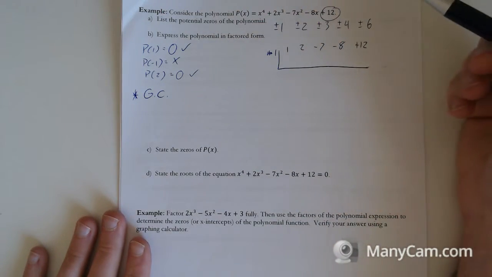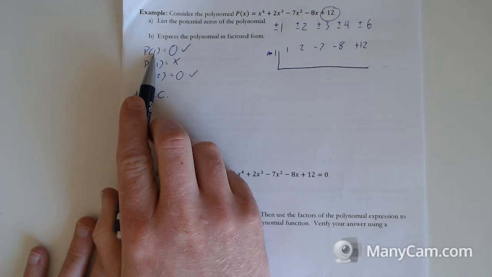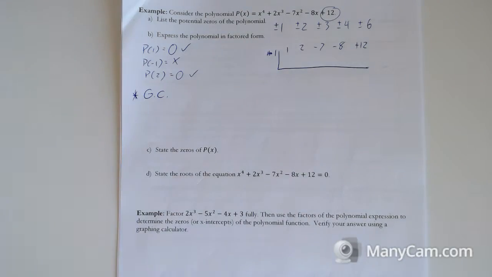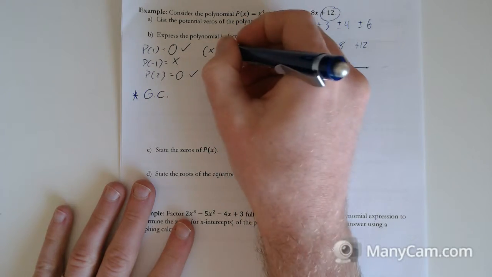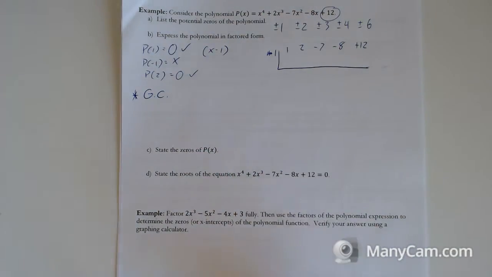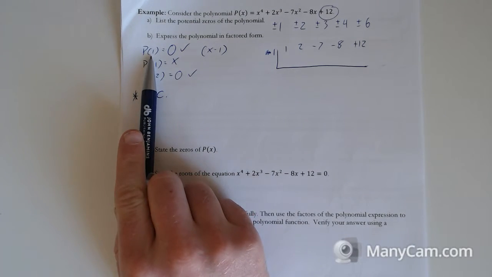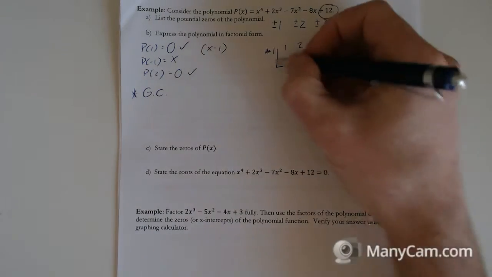Sorry, I keep getting that backwards. It is the number that you sub in. It's the opposite of what's in the brackets that goes here. So it can be a little bit hard. We were going to write that as x minus 1, but we don't use the negative 1. We use the positive 1. So we use the number that we actually found, so the actual solution.